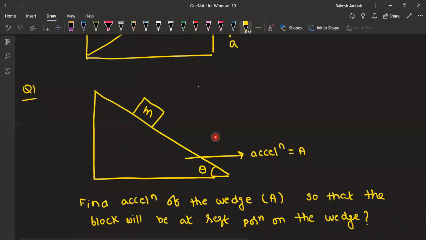So it is a question. Find acceleration. So this question I will do.